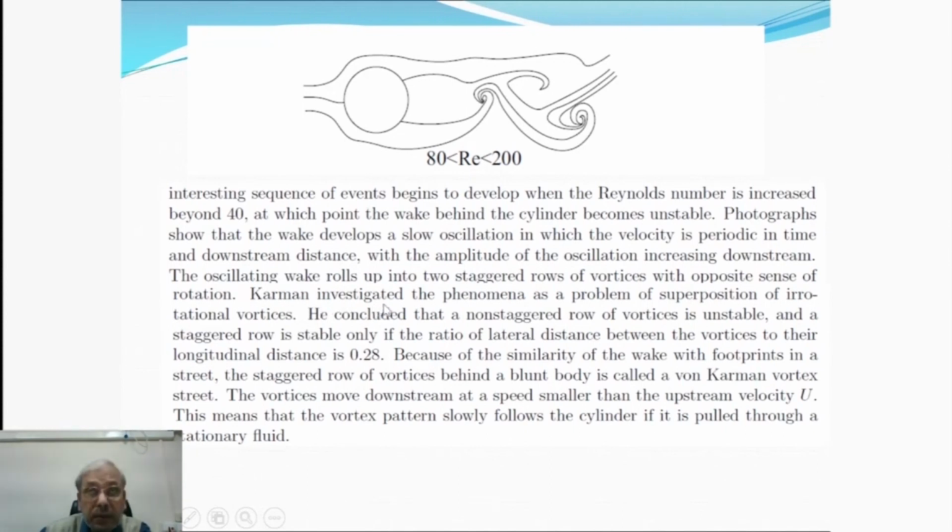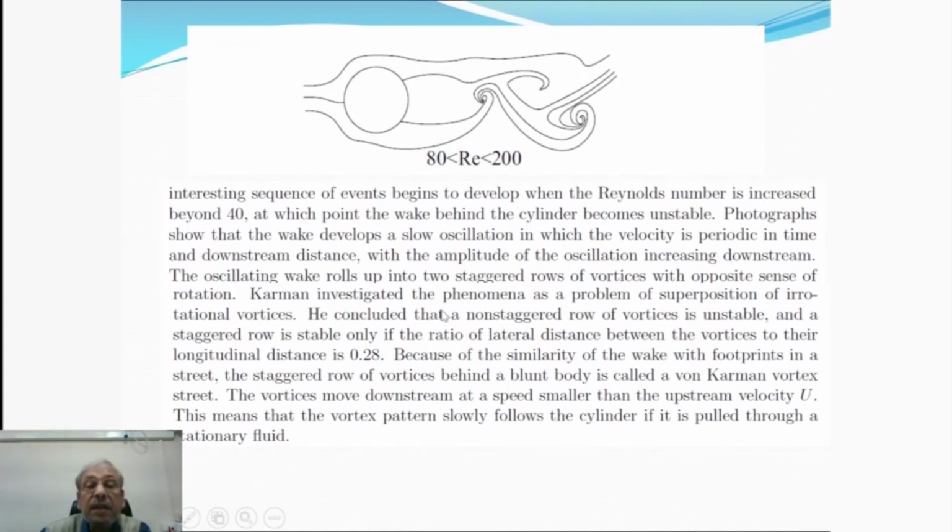Theodor von Karman, as I mentioned earlier, was a student of Professor Prandtl. After the Second World War, he came to the United States and was at the Jet Propulsion Lab. He became one of the world leaders in fluid mechanics.